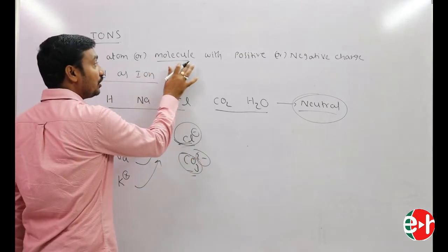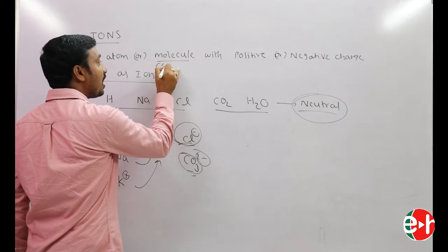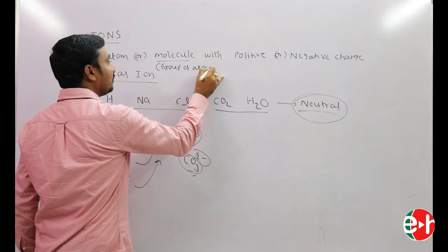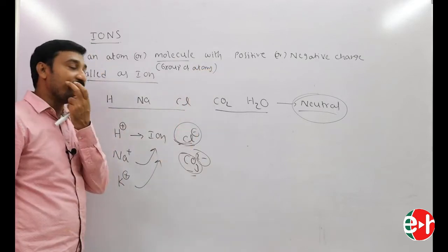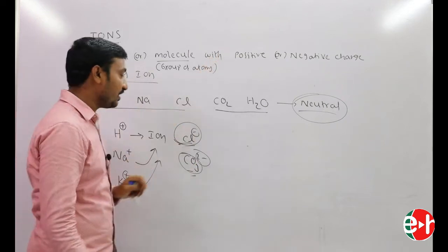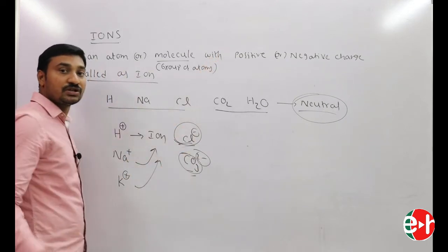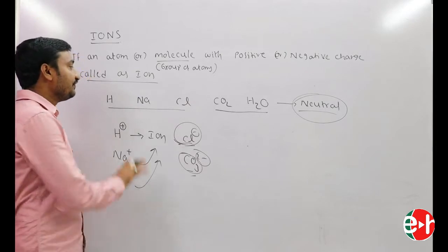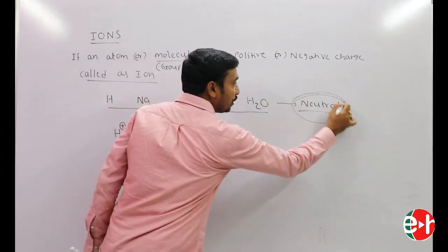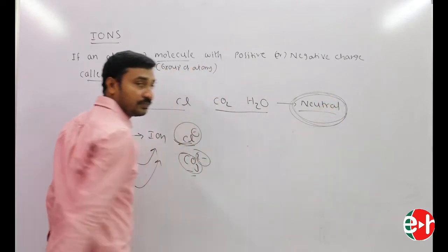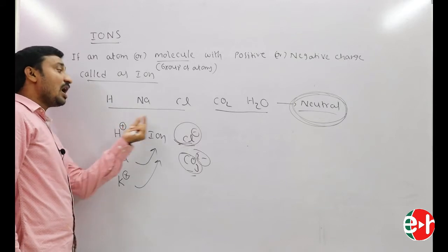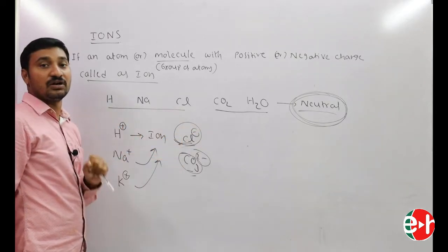Atom or molecule. Here molecule means group of atoms. What is molecule here? Group of atoms with positive or negative charge called what? Ion. If there is no any charge, then they are called what? Neutral. Okay, now if there is any charge, positive charge or negative charge, then they are called what?